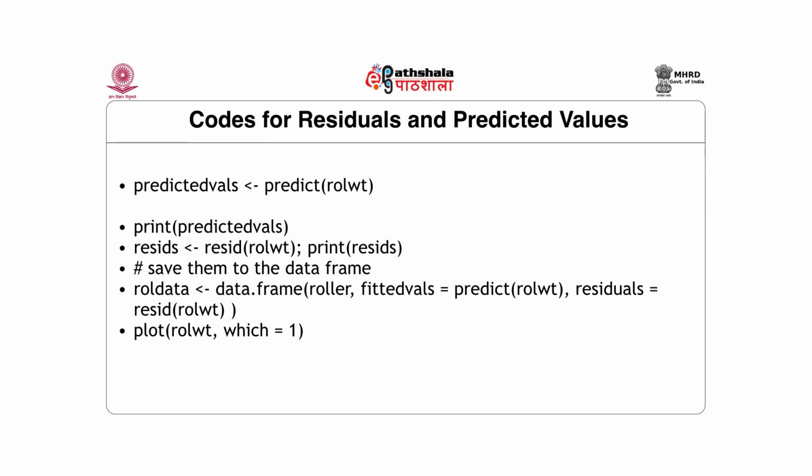What you can then do is you can start plotting the summary. Here is something that is very important. Look at the code which says plot, then we have opened and closed the parenthesis. We put the name of the object, which is roll weight in this case, and we have included an option which is referred to as which equals 1.